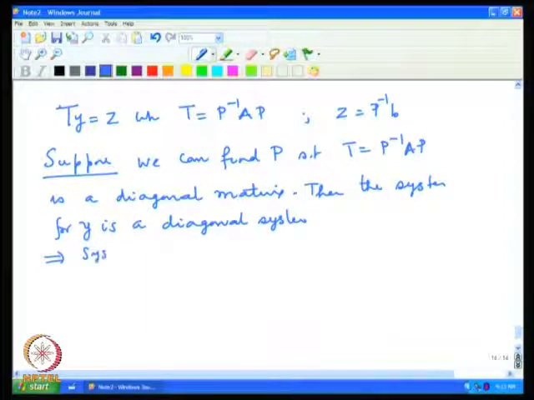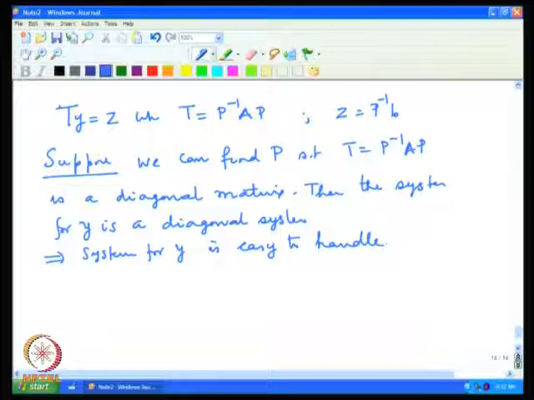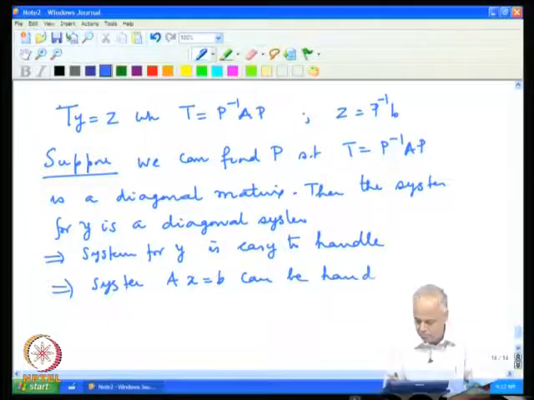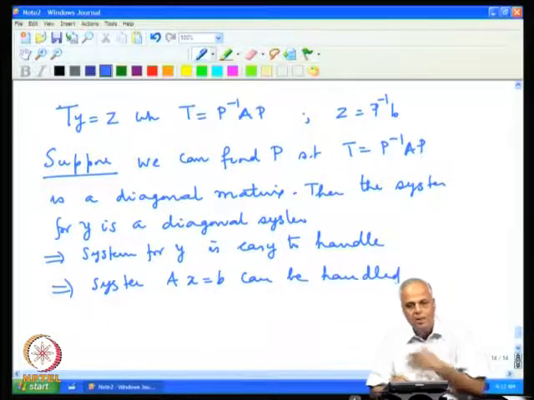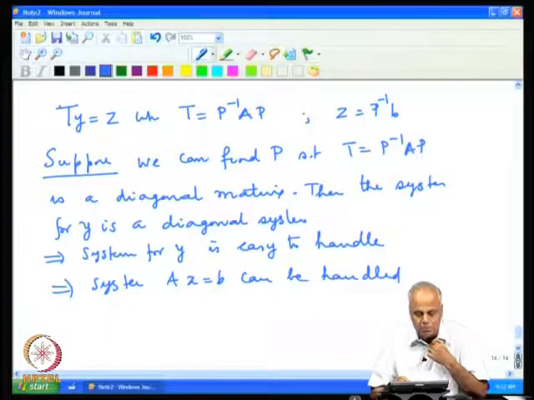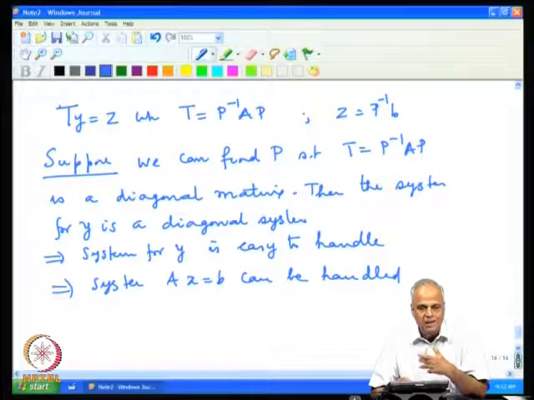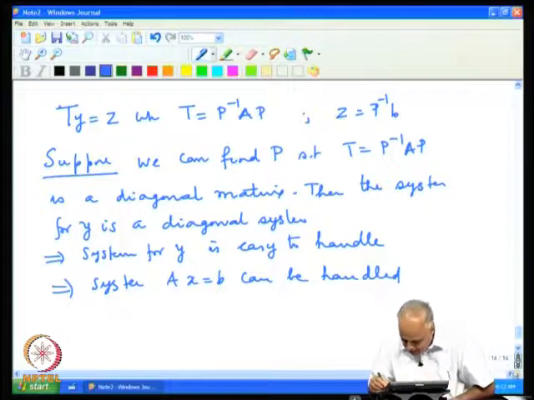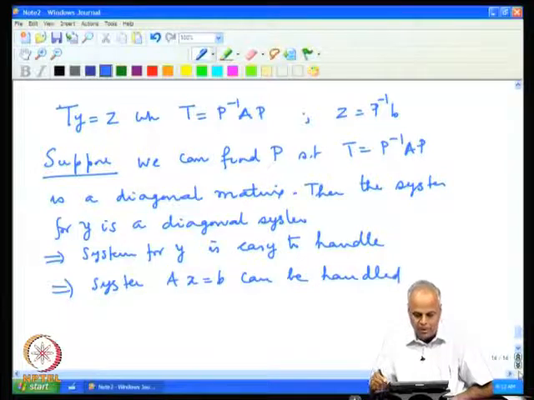So, the system for y is easy to handle, and since from the knowledge of y we can get x, the given system A x equal to B can be handled. Therefore, the fundamental question that we have made is, if this passage of change of variables works, then any system of n equations in n unknowns can be converted to a diagonal system. Therefore, the fundamental question is, does this sort of change of variable work?